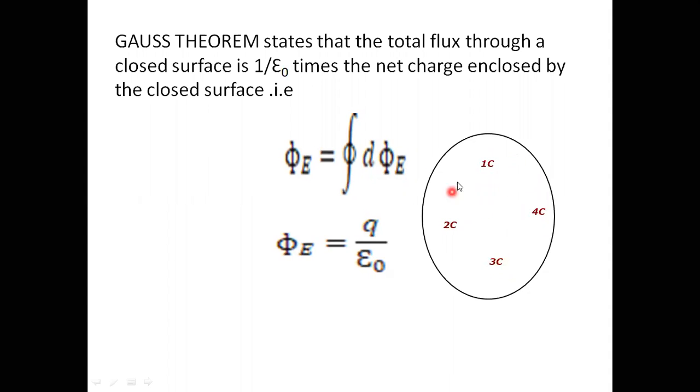So we have a net charge of 10 coulomb inside this Gaussian surface. So the Q value for this case will be 10 coulomb. So 10 coulomb by epsilon naught will be my electric flux value.